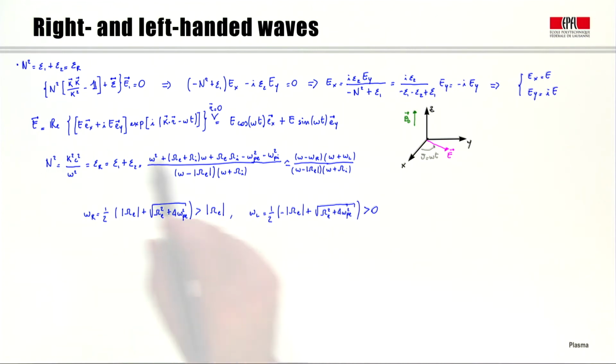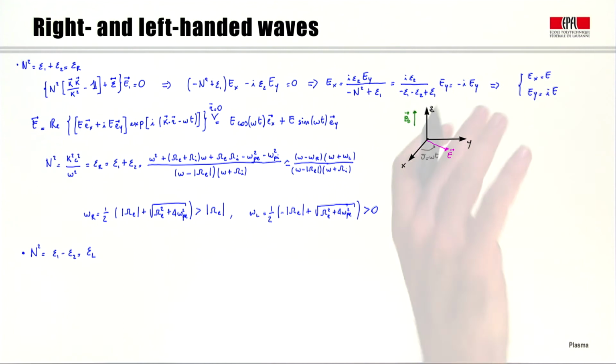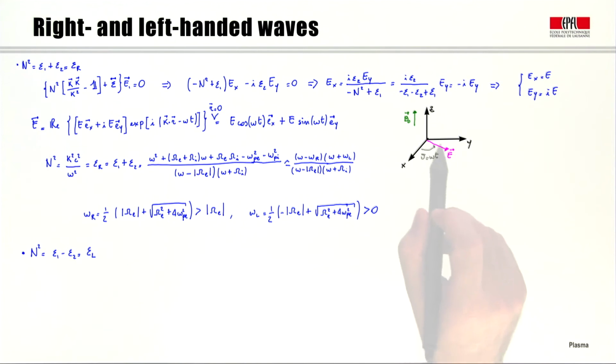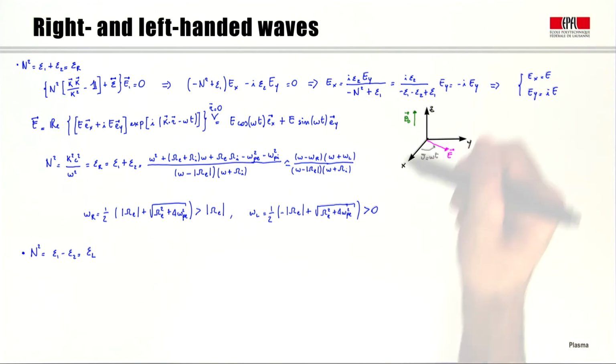So this is the dispersion relation for the right-handed waves. Now we can derive a similar expression for the left-handed waves by observing that n squared is equal to epsilon 1 minus epsilon 2, that is what we have called epsilon L. In this case, we won't do the calculation as we did for the right-handed waves, but let me say that the rotation of the electric field will be in the direction opposite to the magnetic field B0, and this is why it is called left-handed waves.